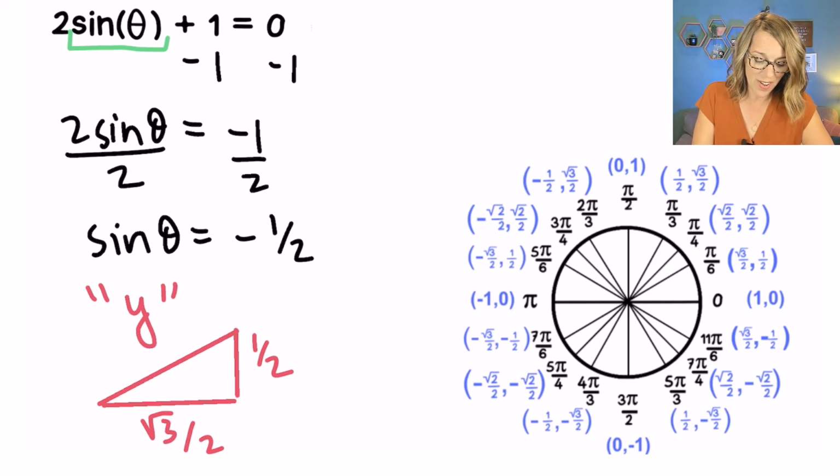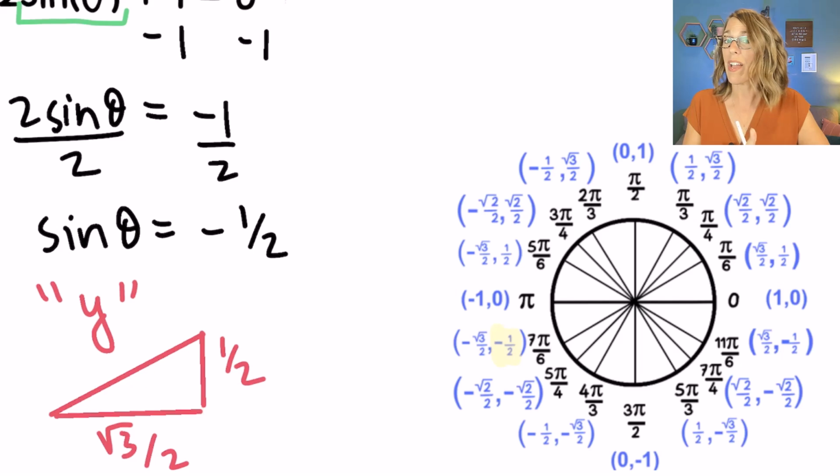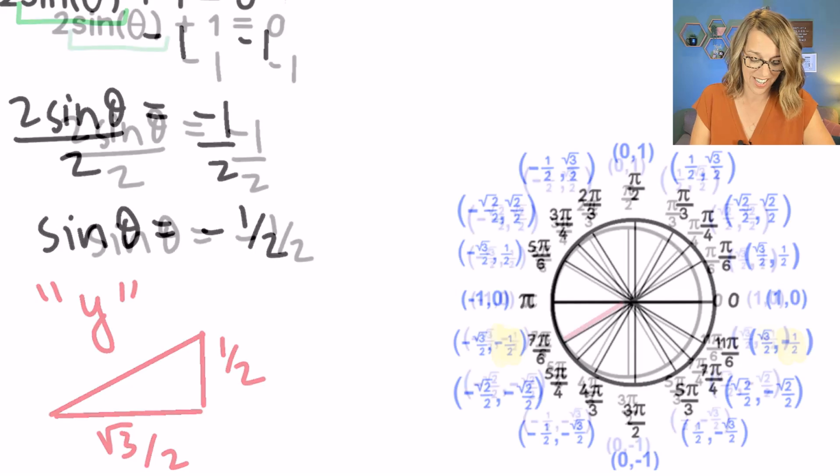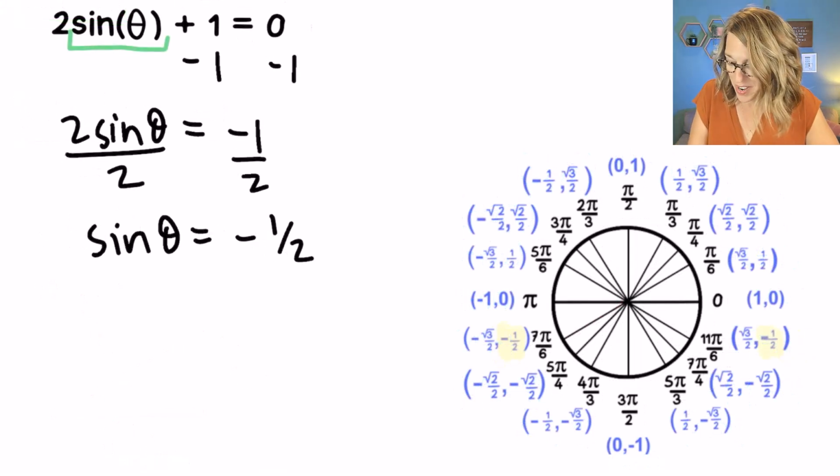As I look around my unit circle, I see that I've got a -1/2 here on the 7 pi sixths. Y is negative in that third quadrant, and I've got a -1/2 here in the fourth quadrant. So those angles that I'm looking for are the 7 pi sixths and the 11 pi sixths.